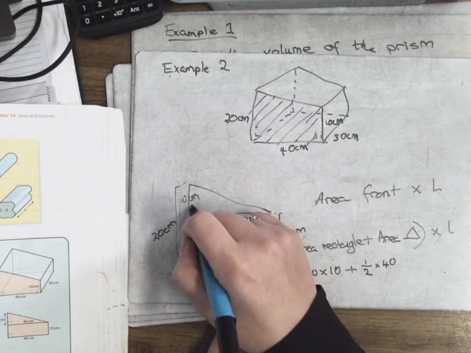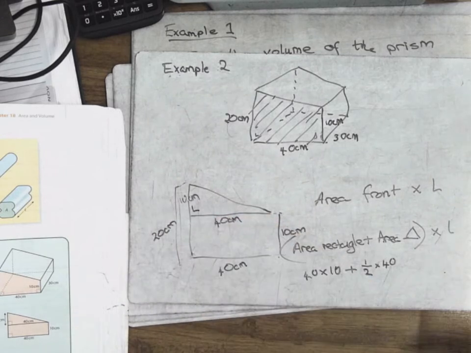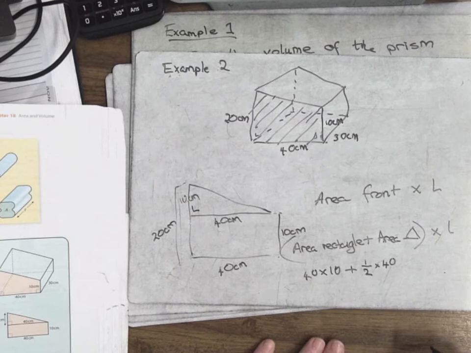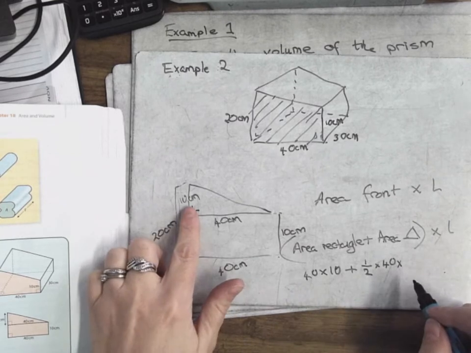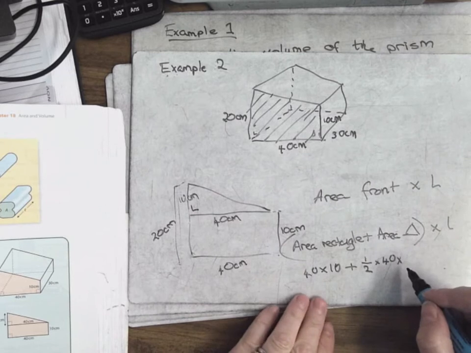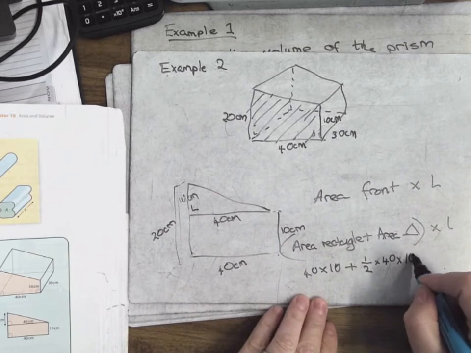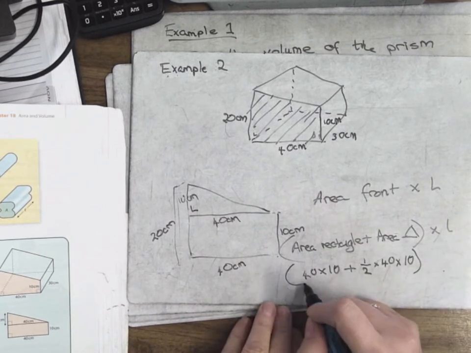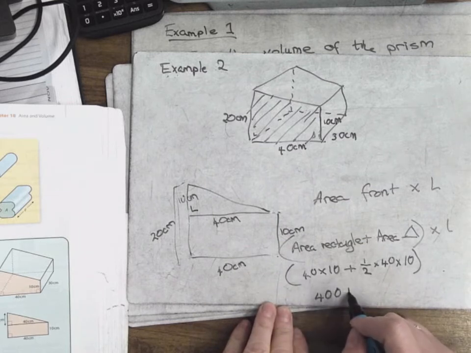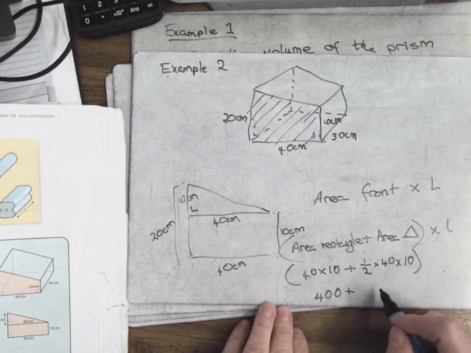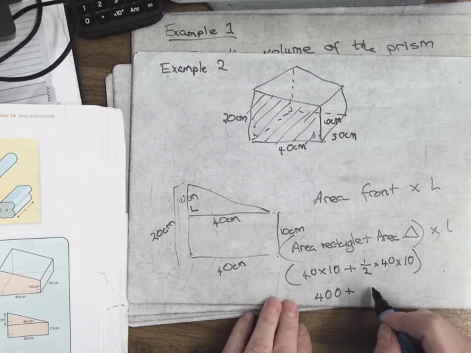Bearing in mind it's a right angle triangle, the perpendicular height is the side. So what's that? 40 by 10, isn't it? Okay. So in there, 40 by 10 is 400. So that's the rectangle. A half of 40 by 10 is 200.